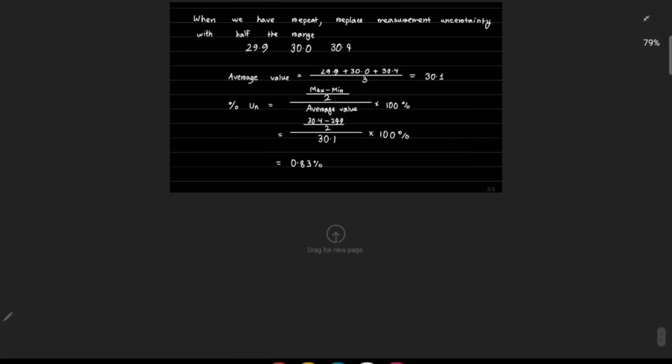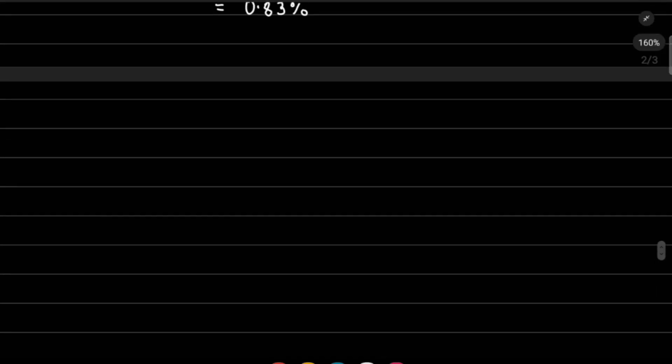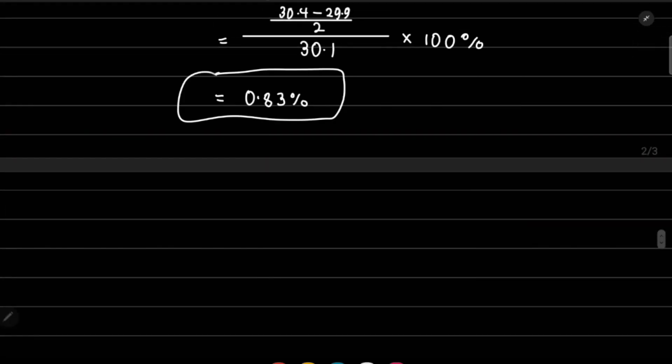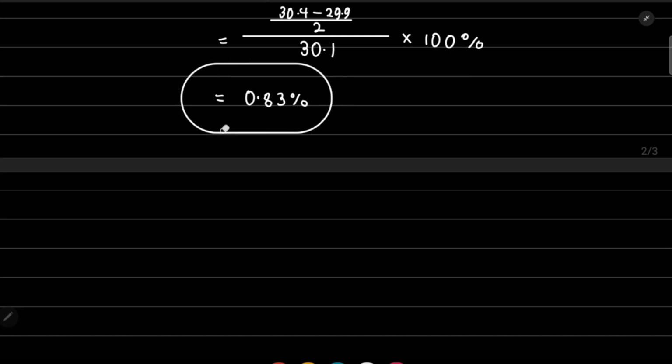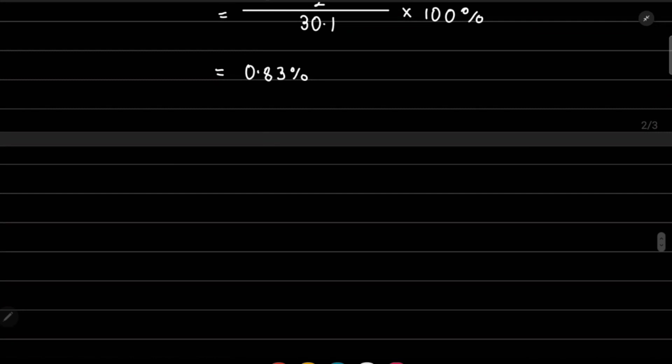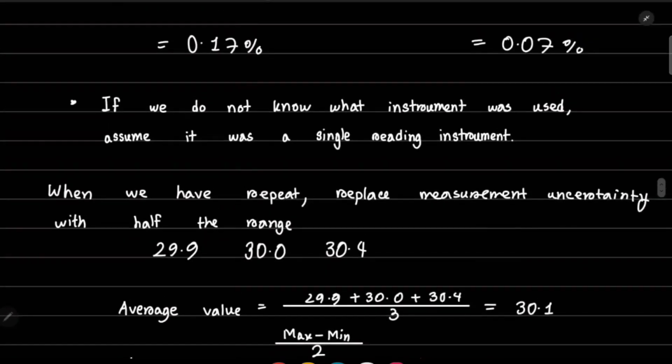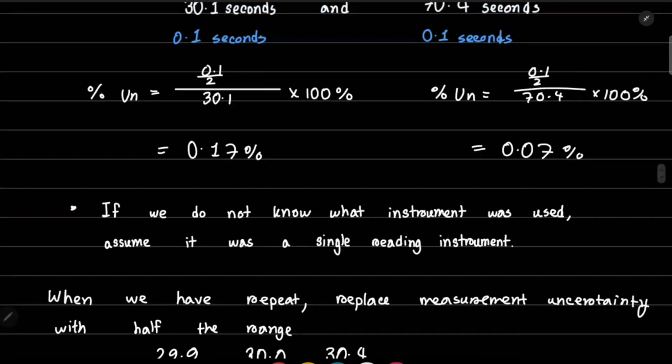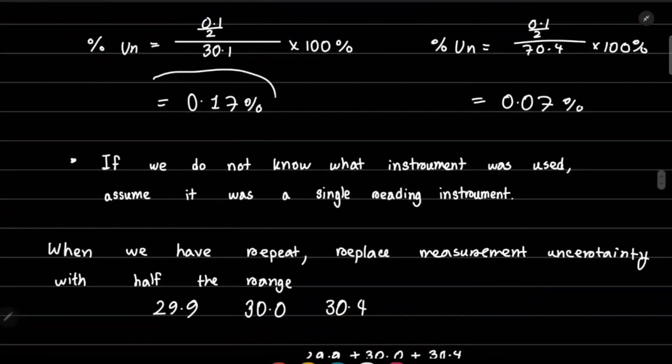So for repeat readings, if this uncertainty using maximum minus minimum is greater, I'll use this. However, if this is smaller than the single reading uncertainty, which is 0.17 for 30.1 seconds, I'll use this.